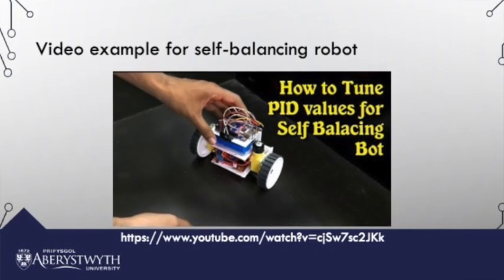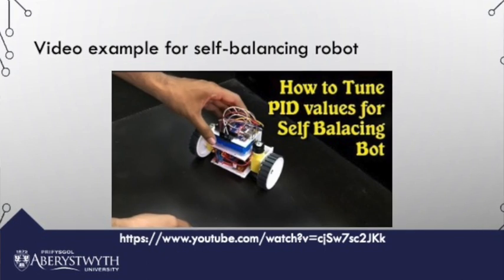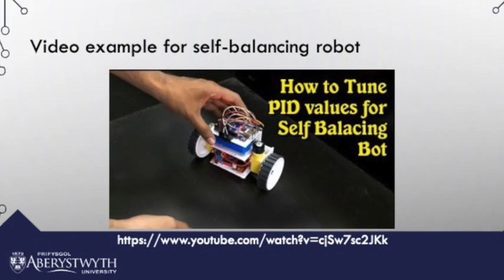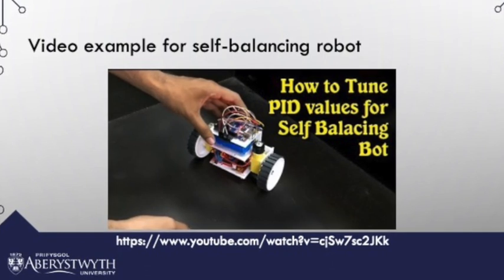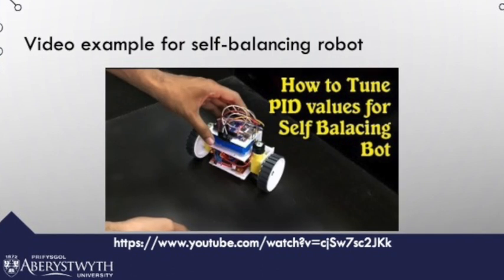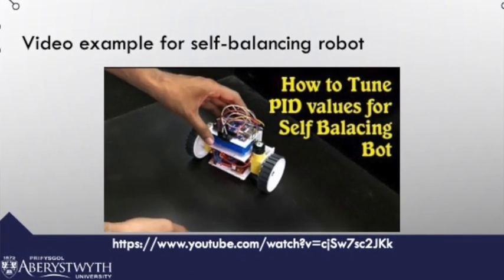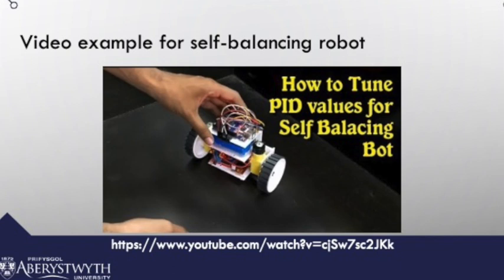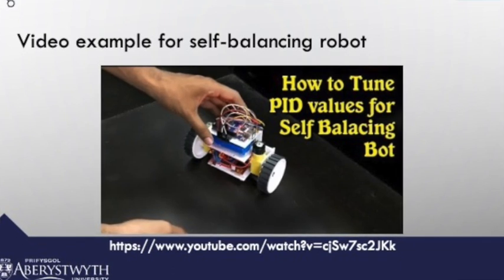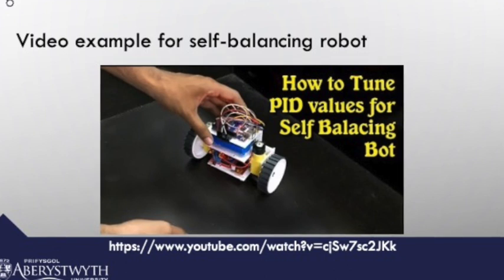Now, I'm not going to play this here, but you can find a link to the video in the description of this video, and it would be well worth watching that particular example. But I say it is by somebody else, not by ourselves. But it does show in practice what it looks like as those P, I, and D components are adjusted either too high or too low.